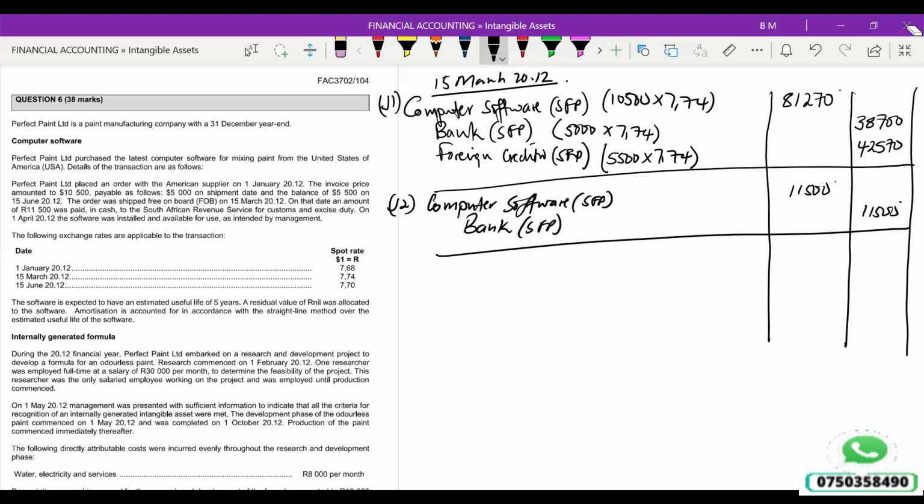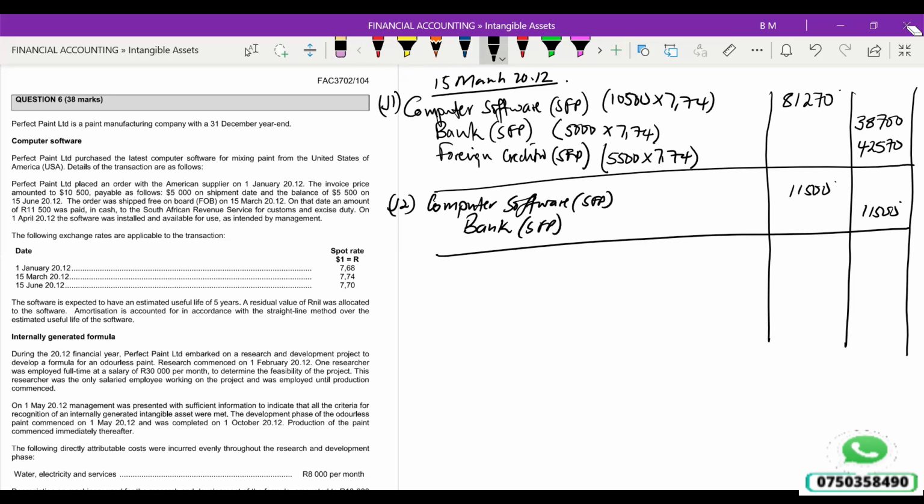That's where my confusion is. Okay, remember we said that an asset is measured at the rate at FOB. A creditor is measured at the rate at FOB, right? Because as we are standing on 15 March, how much are we owing in rand terms? We are owing 42,570.